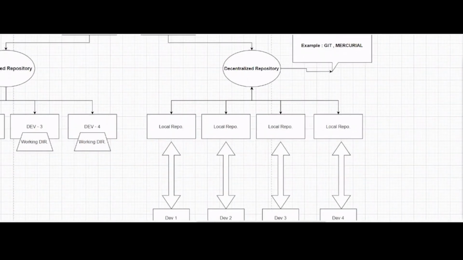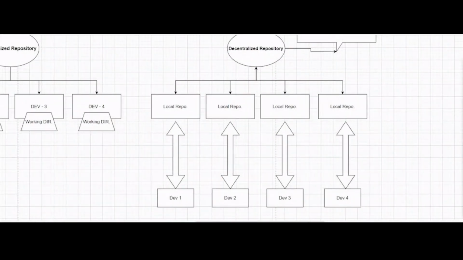So what is this flowchart and what happens in it? Let's take a deep dive into it. Let's take the same example of four developers having the same work to do.